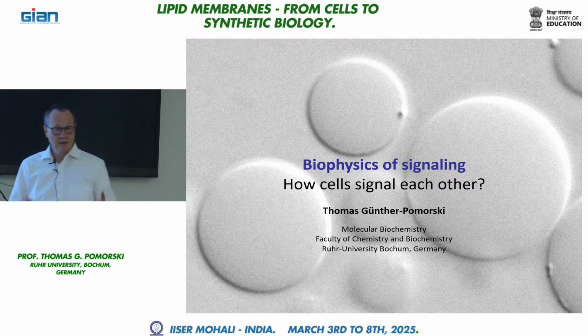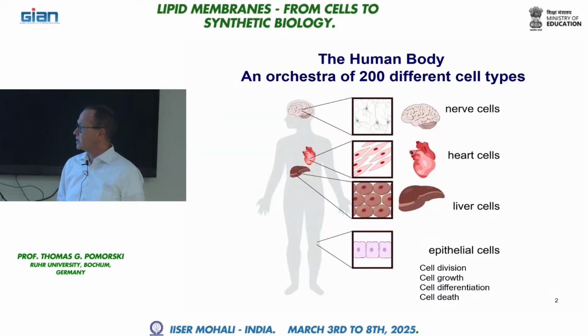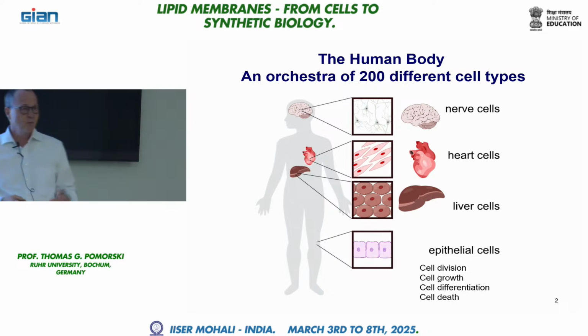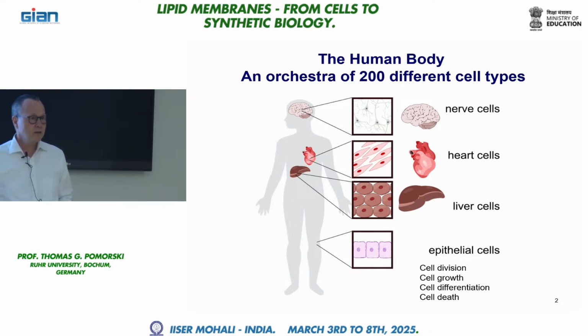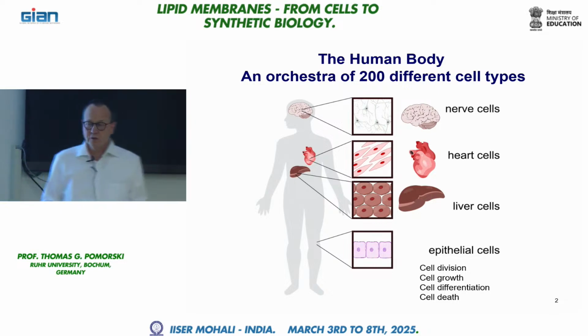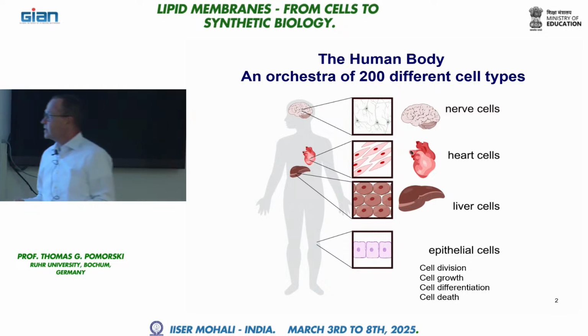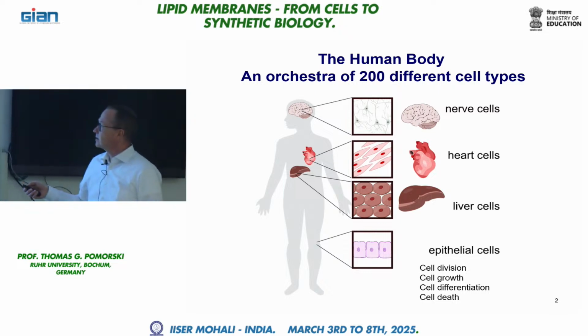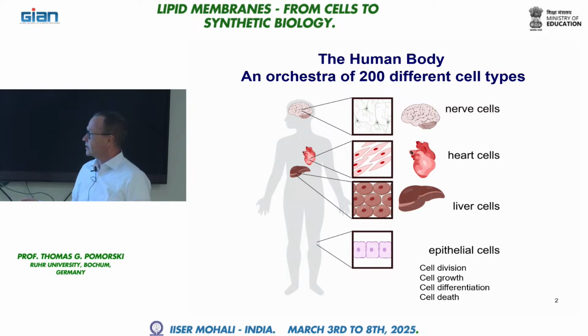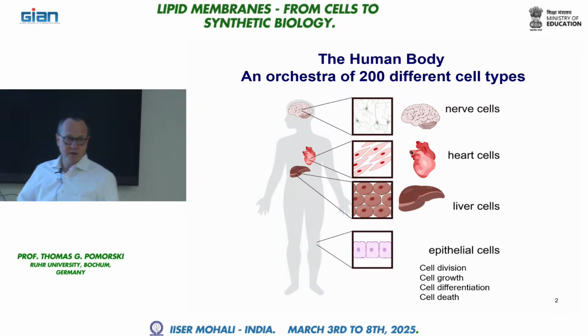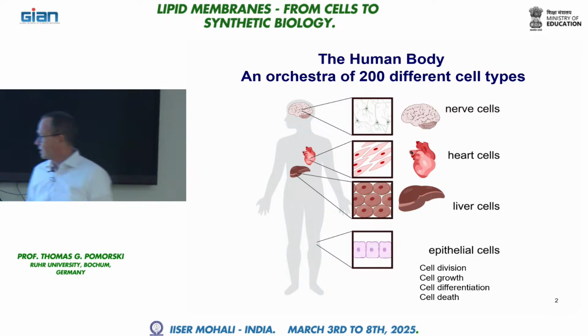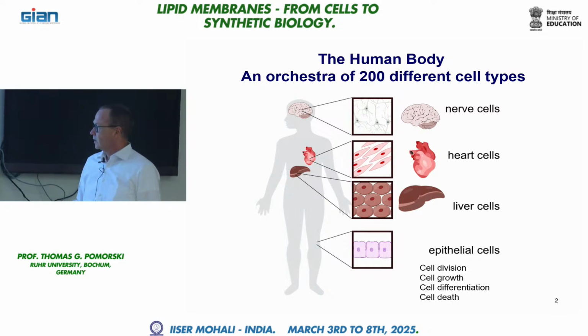So let's have a look at how this is realized in the context of organisms. Let's start with us as a type of multicellular organism, right? Our whole body is composed of over 200 different cell types: nerve cells, heart cells, liver cells. Some of them need to do cell division, others need to grow, or cells need to differentiate.